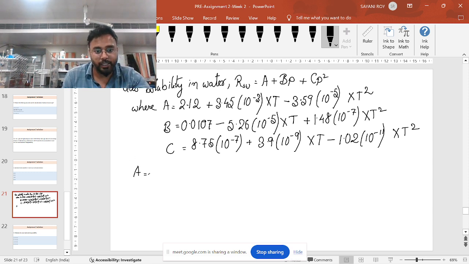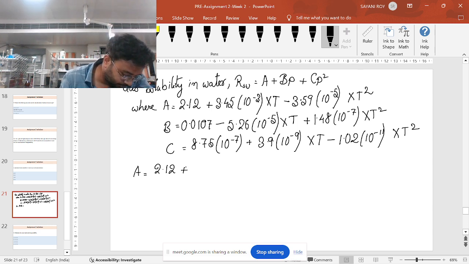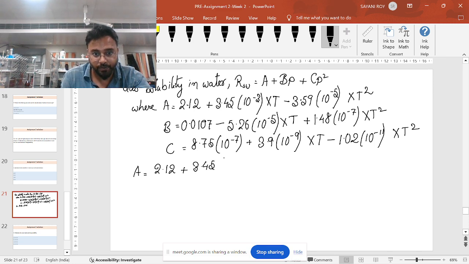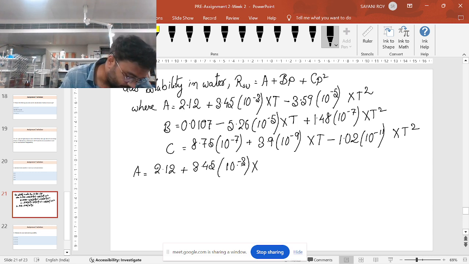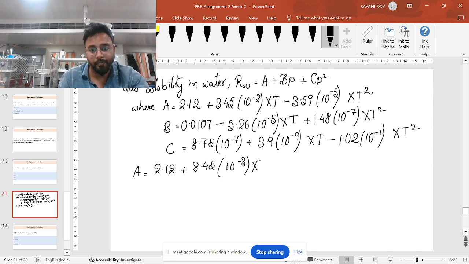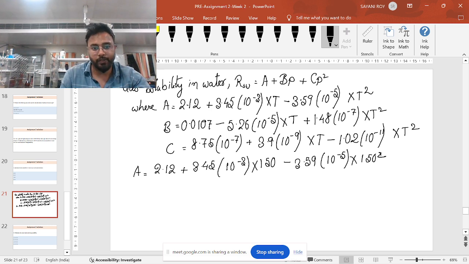So now we'll be finding the value of A. We have 2.12 plus 3.45 into 10 to the power minus 3 into temperature, which is given as 150, minus 3.59 into 10 to the power minus 5 into 150 square.